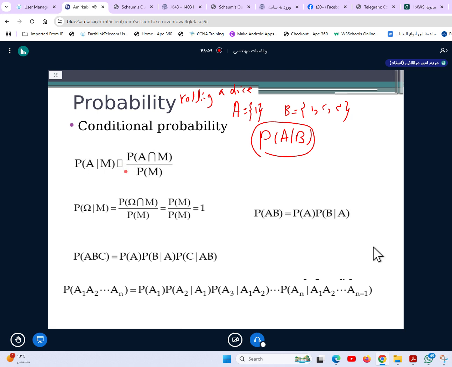Okay, let's discuss the formula of conditional probability. The probability of A given M is equal to this fraction.